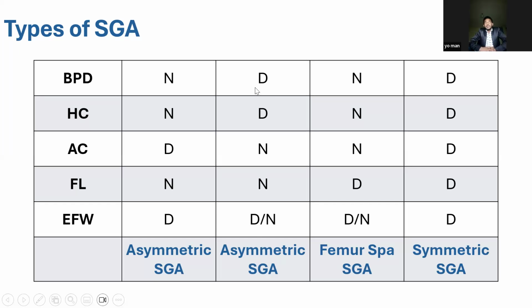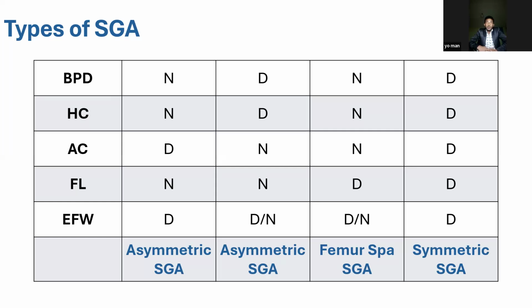Now, you may question me that the head parameter is decreased, so this case is not SGA, but rather microcephalic. But I can tell you that scholars strongly suggest that a microcephalic head can be diagnosed only if the head centile or head percentile is below the 5th percentile.